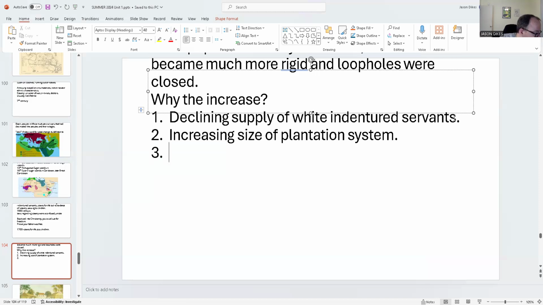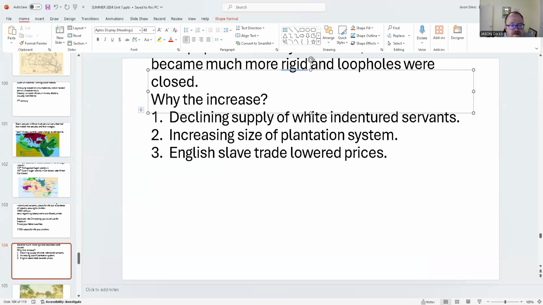And then finally, the third reason, beginning of the English slave trade lowered prices. Until about the 1670s, slaves were supplied by either the Dutch or the Spanish.